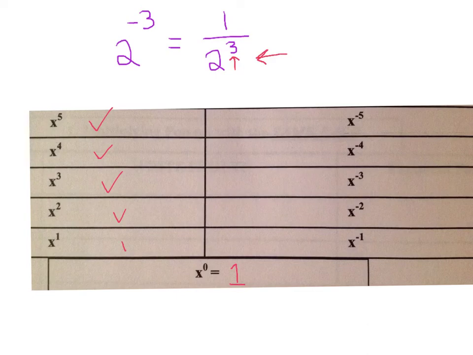And then we're going to apply the rule we learned, except with variables. So it's always 1 over, and then whatever you have, except with a positive exponent. So this is 1 over x positive 2, 1 over x cubed, 1 over x to the 4th power, and 1 over x to the 5th power.